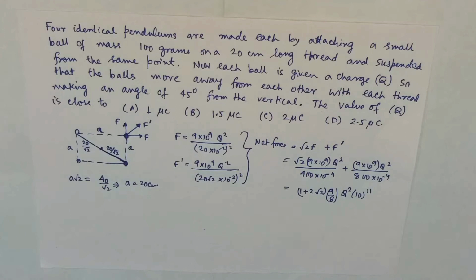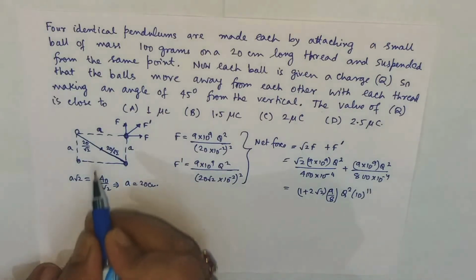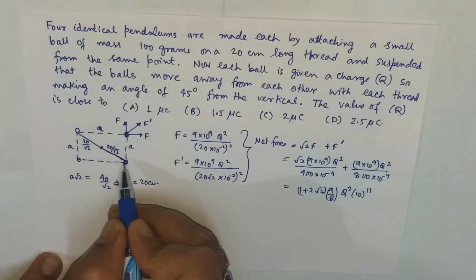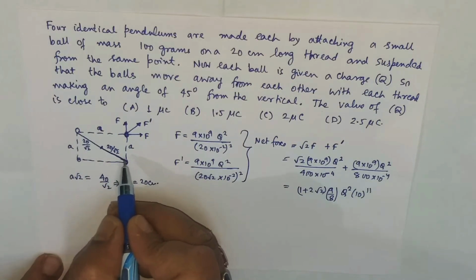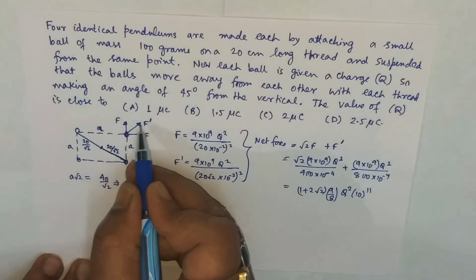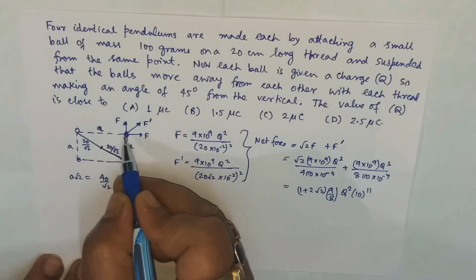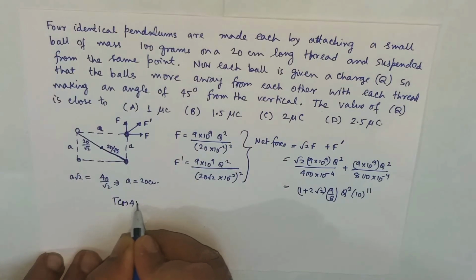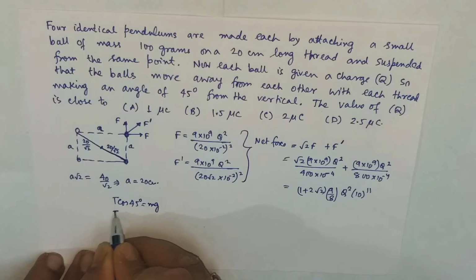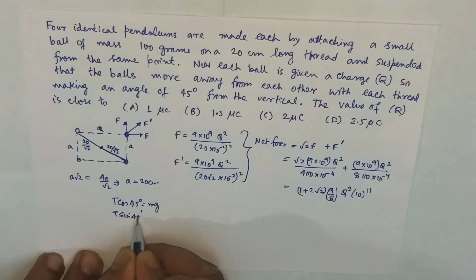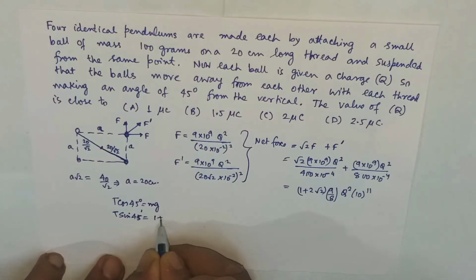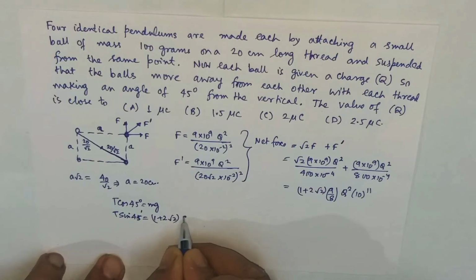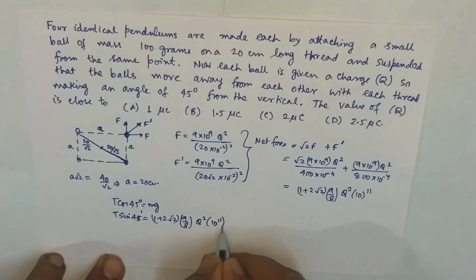Now what they have given is the mass of each ball is 100 grams. Now what will happen if T is the tension in the thread? The tension will have two components. One component will be counterbalancing the outward force, and another component will be counterbalancing the mg. That is, we can have T cos 45 equal to mg, and T sin 45 degrees will be counterbalancing this 1 plus 2 root 2, and we have got 9 by 8 q square and 10 to the power 11.